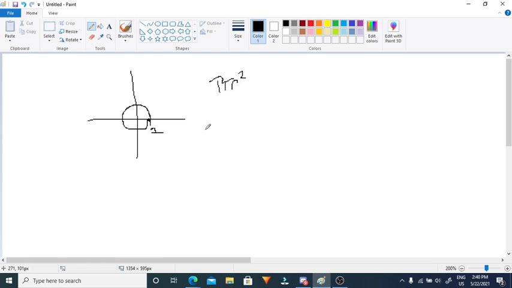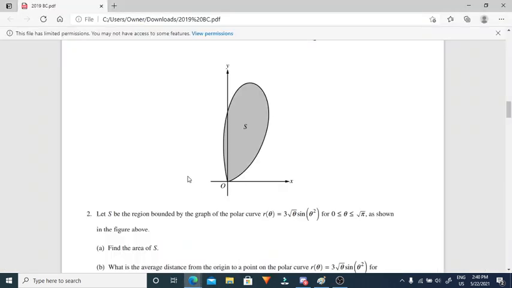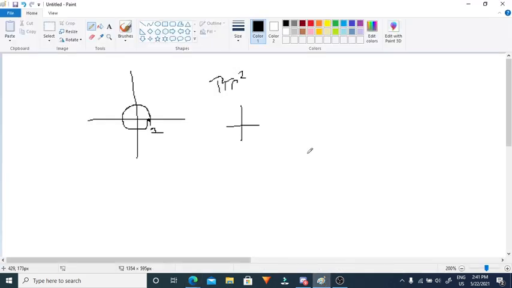Well, the area of a circle we know is pi r squared, and in this case, let's just arbitrarily set r equal to 1 for simplicity. In any other polar equation, r might be variable, like as we saw in our graph, r equals 3 root theta sine of theta squared, and it's not just a simple circle as we can see in this picture.